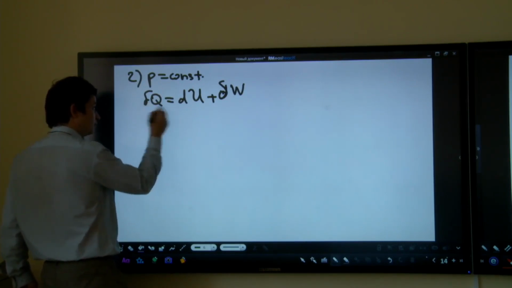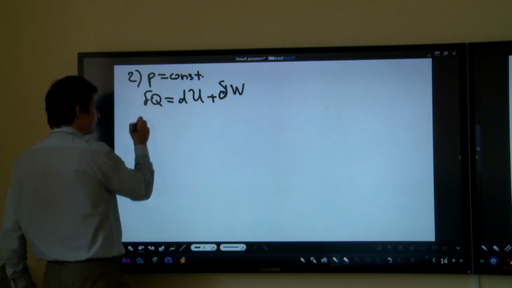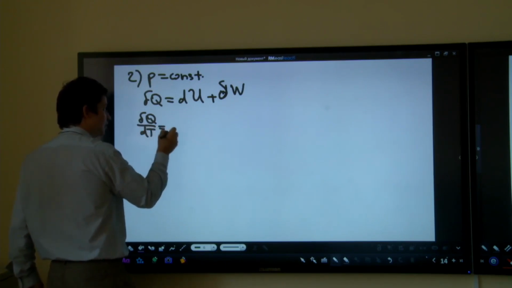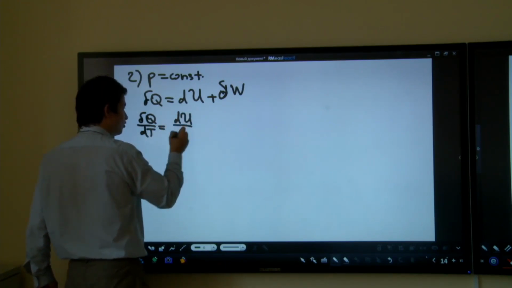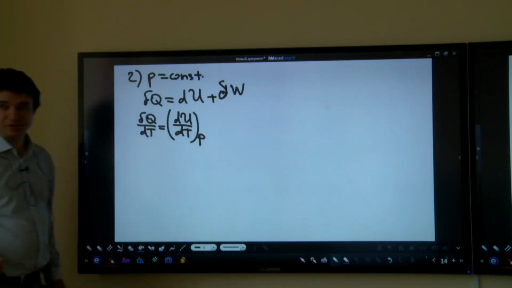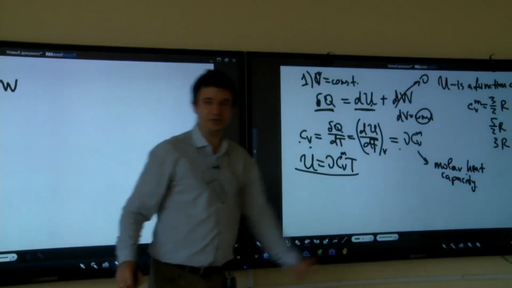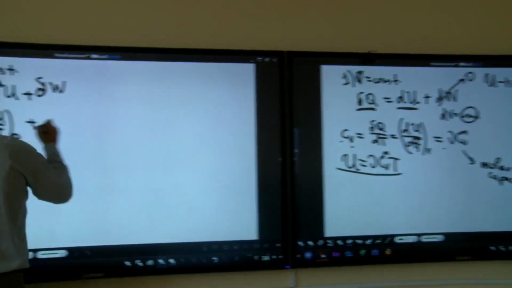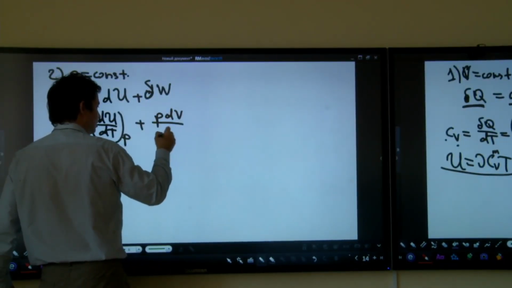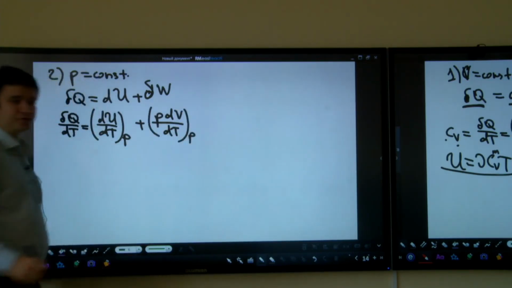So now what do I do? I again calculate delta Q over dT, and that would give me dU over dT. Now, at a constant pressure, that's different from this one. This one was taken at a constant volume. Plus P dV over dT, again at the constant pressure.